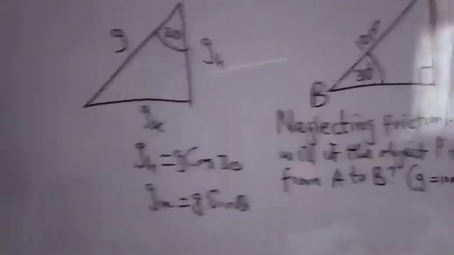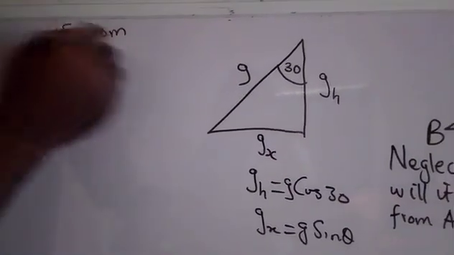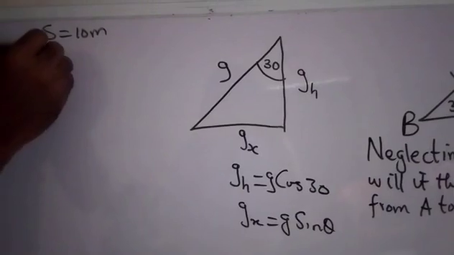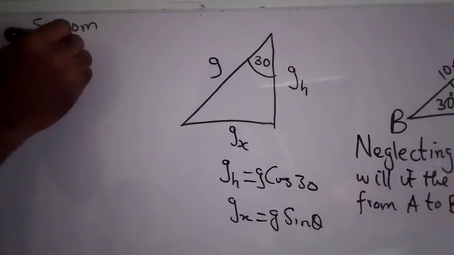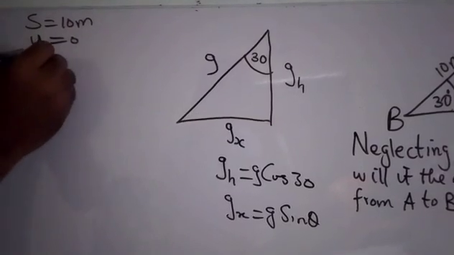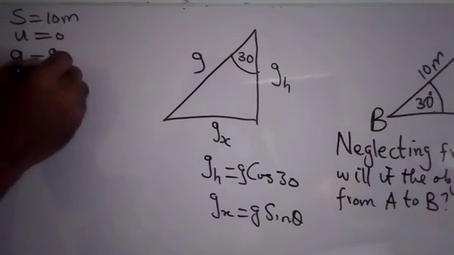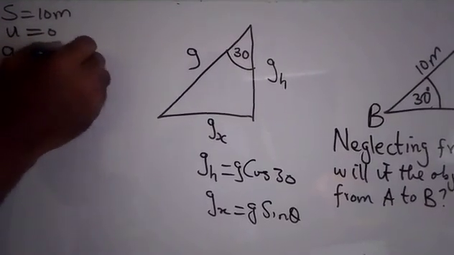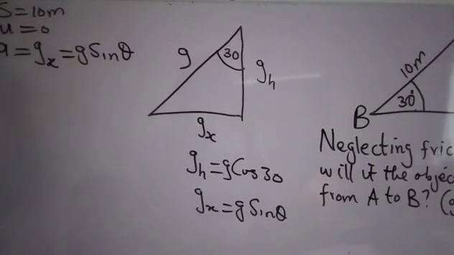Remember, we have s, which is distance, as 10 meters. Since the object started from rest at A, initial velocity u is 0, right? And we have acceleration, which is going to be the horizontal component of gravity, g sin theta.